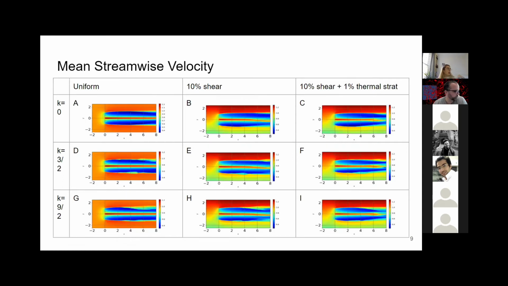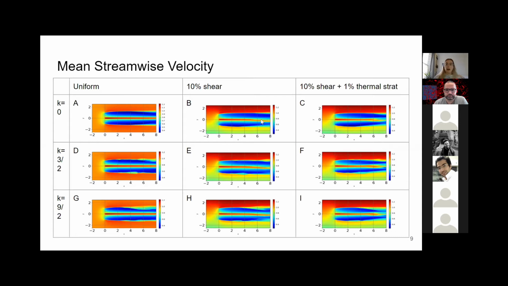All right, these are the mean streamwise velocity. So for our uniform flow, it's largely symmetrical. We do have some asymmetry with the perturbation cases, which we think is just due to how the perturbation grows. But essentially we've got symmetrical velocity. And then with our sheared cases, you can see that the center line of the wake is actually deflected downwards slightly.